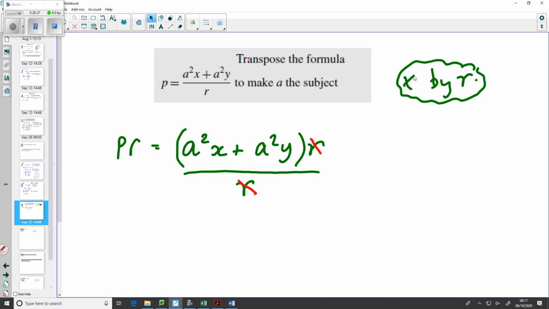Factorising. Yeah. So we've got two terms in here: a squared x and a squared y. They have a common factor, a squared. So what we can do is factorise for a squared.